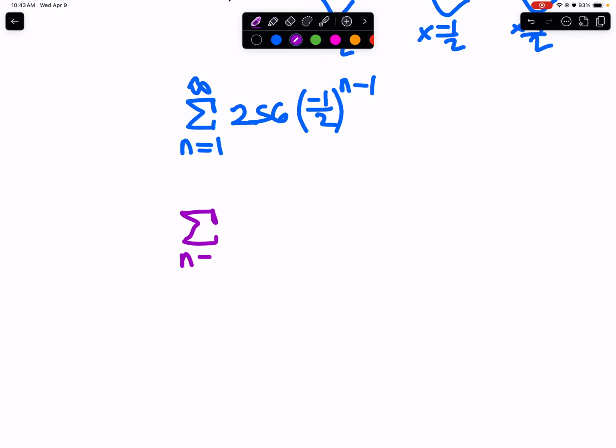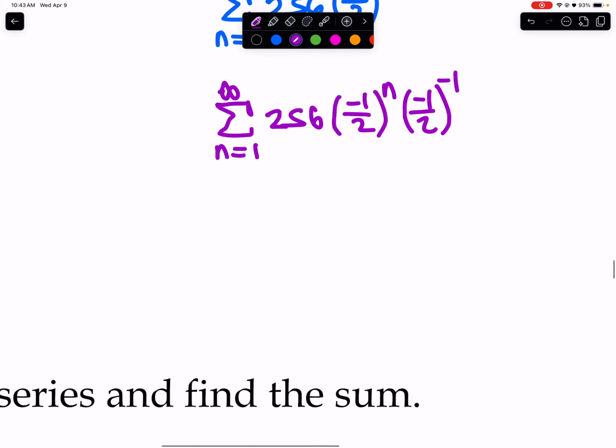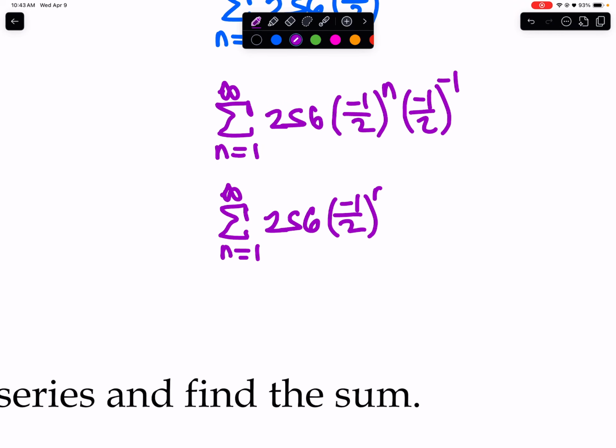So this would be n equals 1 going to infinity of 256 times negative 1/2 raised to the n, then negative 1/2 raised to a negative 1. So this is going to turn into n equals 1 going to infinity of 256 times negative 1/2 raised to the n, and that negative exponent tells me I'm going to flip the fraction, so it's going to become negative 2.